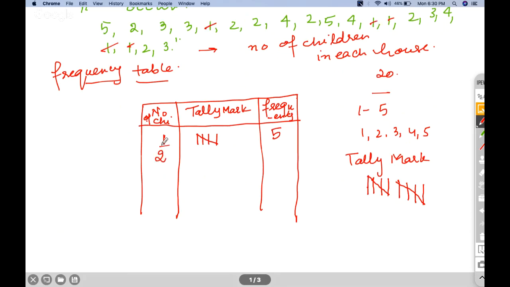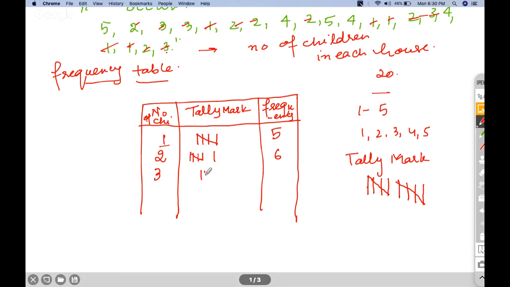I'll go to number 2. So this is coming 1, 2, 3, 4, 5, 6 times. So for 6, I draw 4 vertical lines, 1 line like this, and then again 1 line. So this is 6. Now I'll go to 3. So 3 is coming 1, 2, 3, 4 times. So 3 is coming only 4 times.